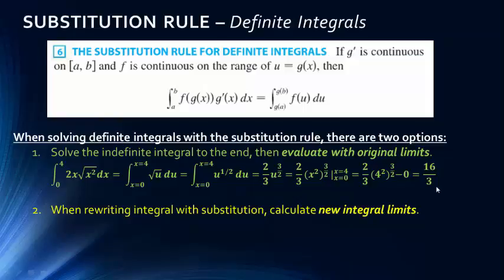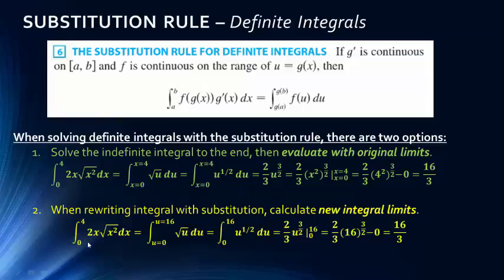Another way I can do this, and this is actually my preferred method, typically, depending upon how easy it is, is that when you rewrite the integral in terms of u, you can rewrite the limits in terms of u as well. Here we had u equals x squared. If x equals 0, then u equals 0 squared, or 0.